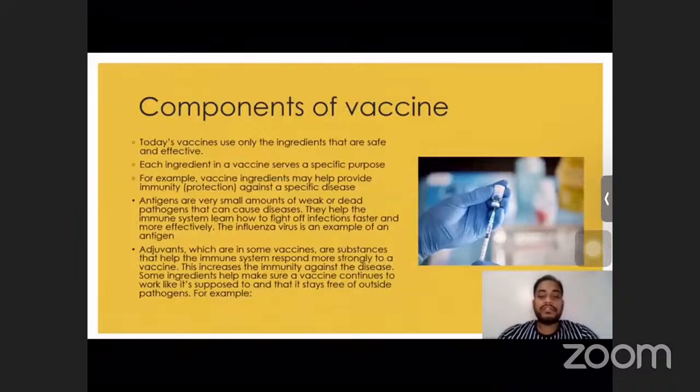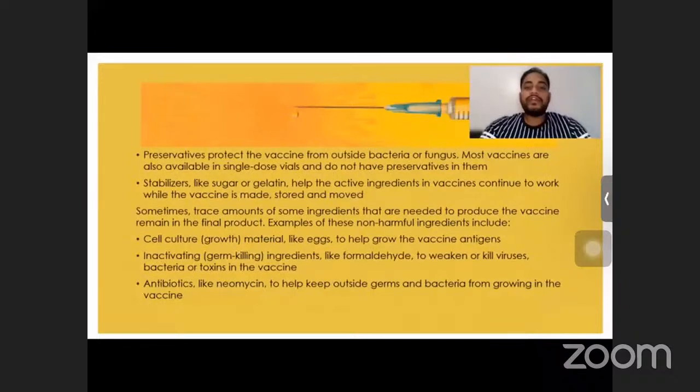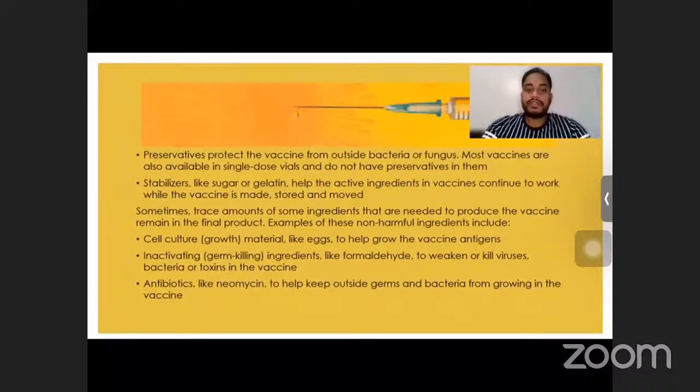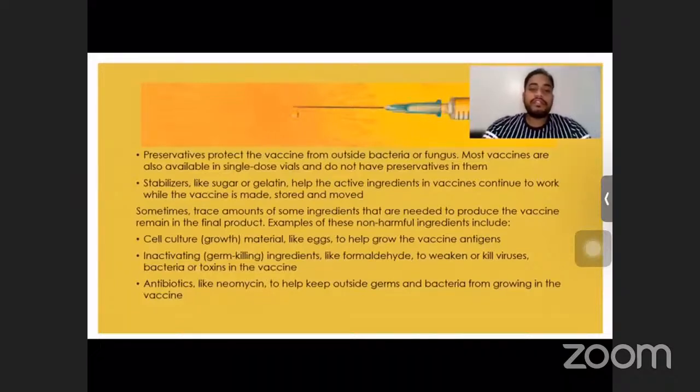Some ingredients help make sure a vaccine continues to work like it's supposed to and that it stays free of outside pathogens. For example, preservatives protect the vaccine from outside bacteria or fungus. Most vaccines are also available in single-dose vials and do not have preservatives in them. Stabilizers like sugar or gelatin help the active ingredients in a vaccine continue to work while the vaccine is made, stored and moved.